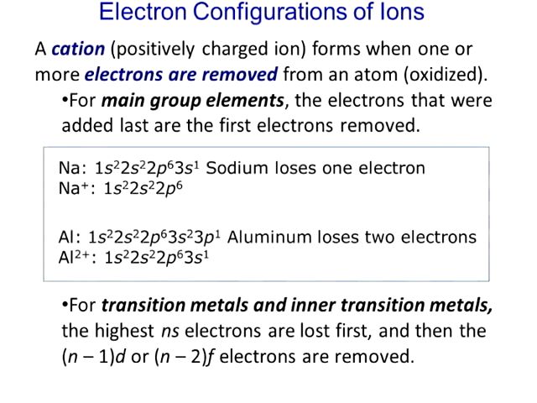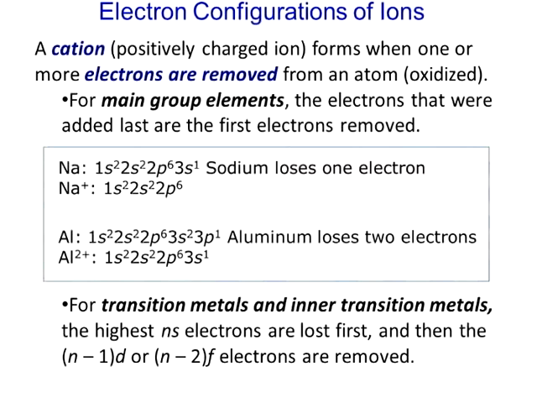Thus far, we've talked about writing electron configuration for neutral atoms, neutral elements. We can also write electron configuration for ions, and we can also draw the corresponding orbital diagrams. A cation, a positive charge ion, forms when one or more electrons are removed from an atom, when it is oxidized. For main group elements, the electrons that were added last are the first electrons removed.